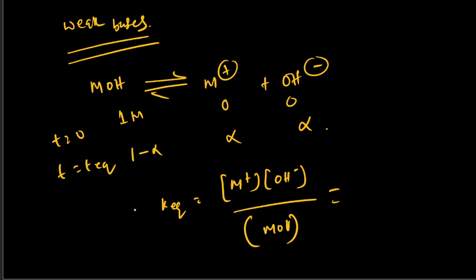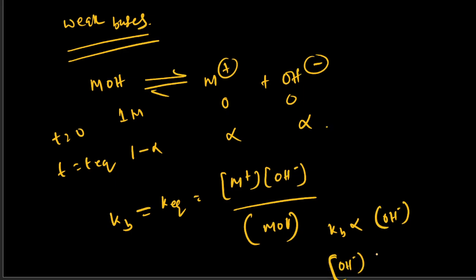Here for base, K equilibrium is considered as Kb. So Kb is directly proportional to OH minus concentration. If OH minus concentration increases, then Kb increases.